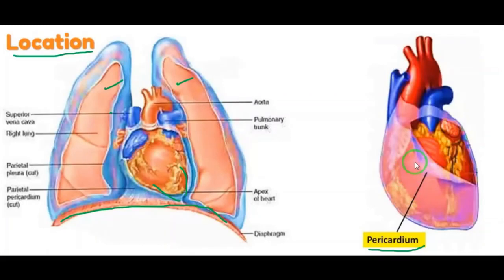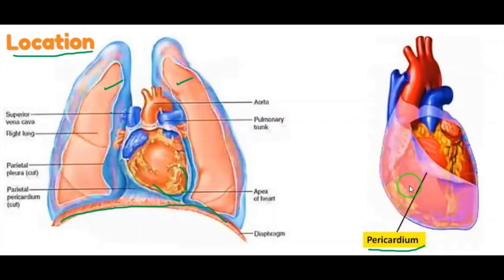That fluid is known as pericardial fluid. This pericardial fluid reduces friction during the heartbeat.